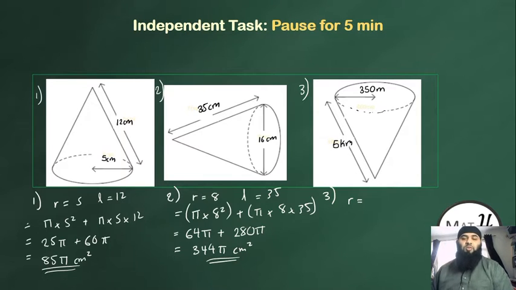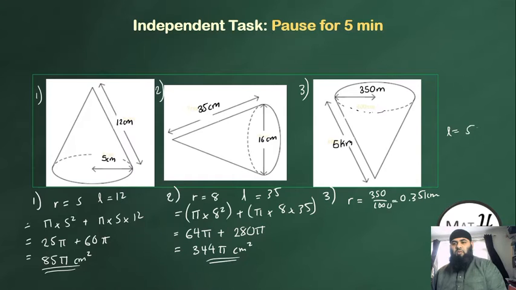It makes it easier to get it down rather than going up. Let's turn radius into kilometers. So 350 divided by 1000 gives us 0.35. That's our radius, in kilometers. My length would be the same, 5 kilometers.